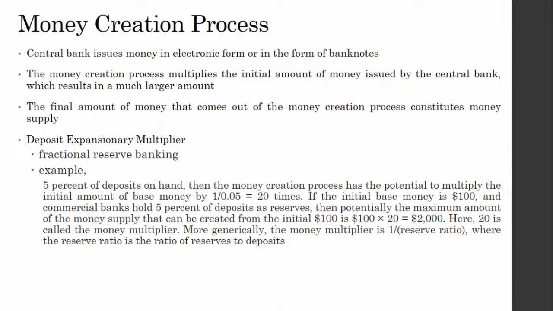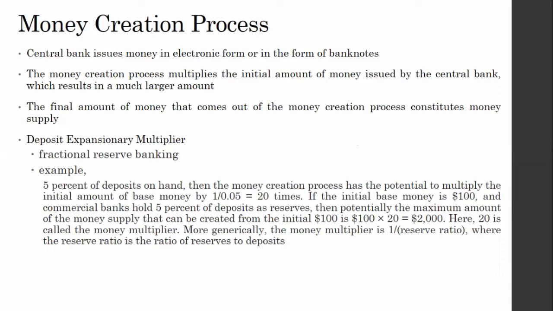The final amount of money that comes out of the money creation process constitutes the money supply. So this process multiplies the initial amount of money issued by the central bank. In our example, we started with $100 and ended up with $300, right? So that is the money creation.